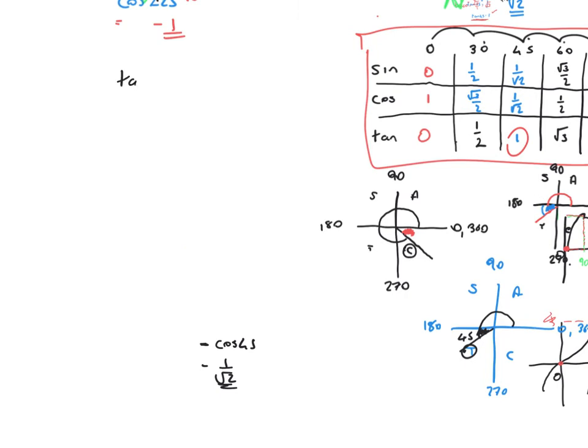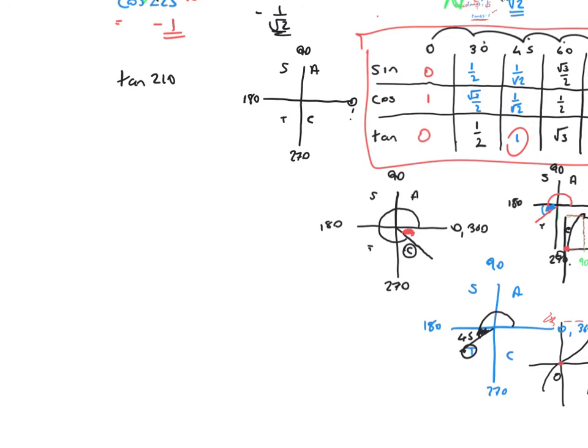Okay, next one. Let's go tan 210. Draw a diagram every time. 0, 90, 180, 270 and 360.